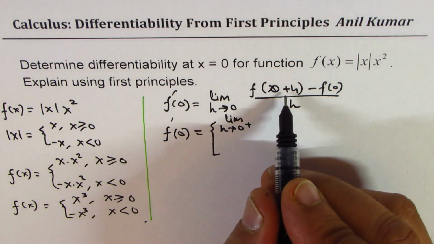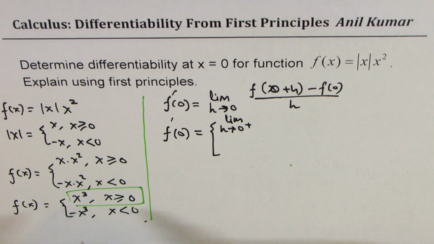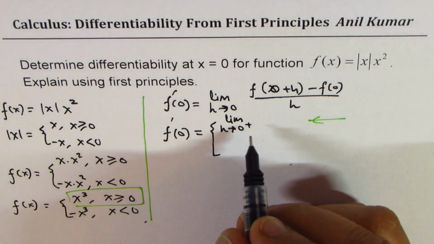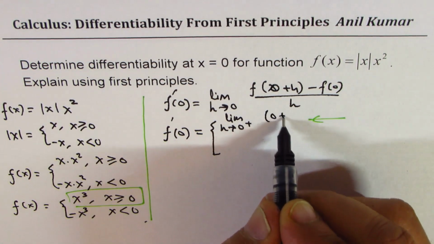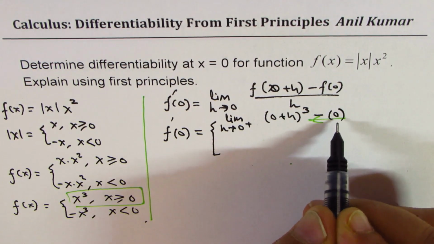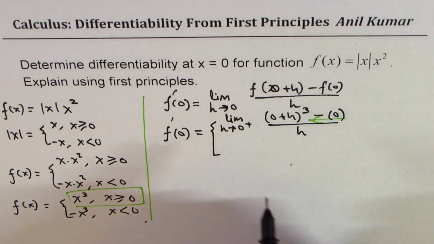So we get the function is x cubed now, right? So in this case, the function is x cubed. Remember this part. So this is x cubed when we are talking about approaching from the right side. So it is 0 plus h whole cube minus 0, since 0 cube is 0, over h.